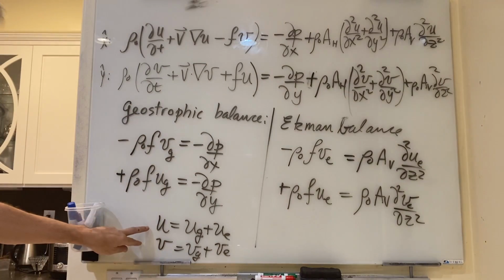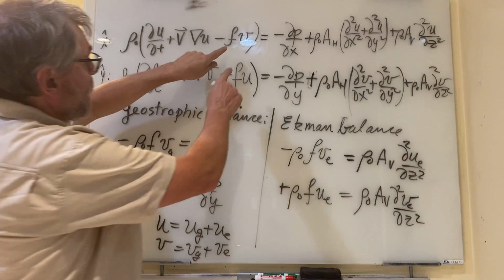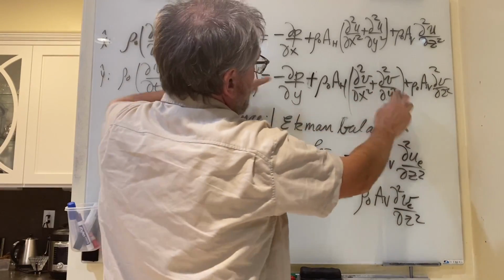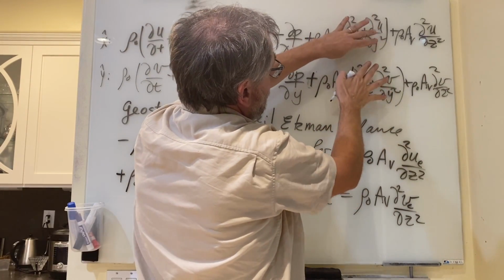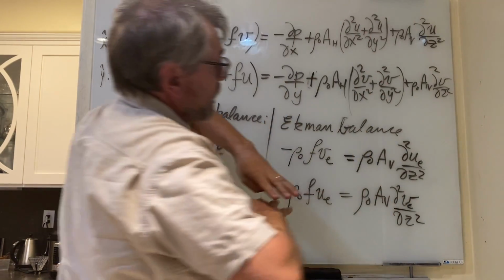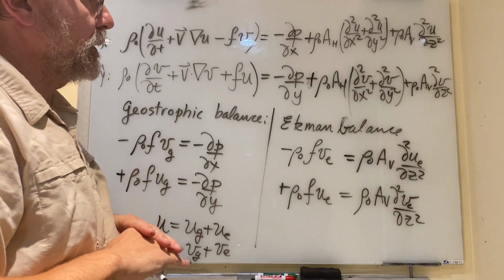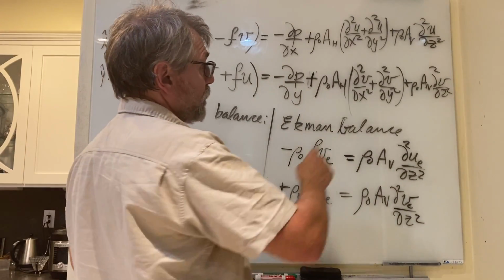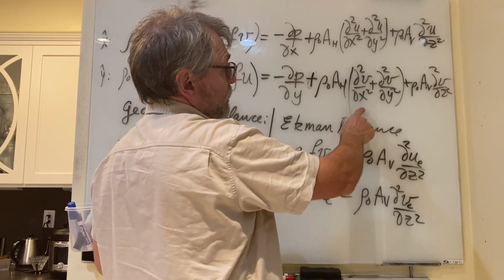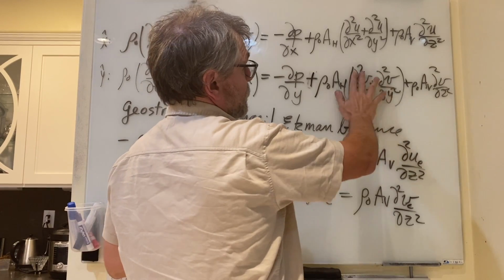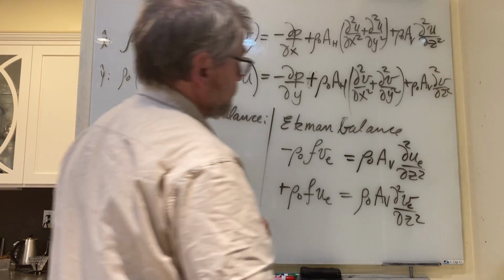So if I substitute in here, then I balance off this term, and this term, this term, this term, and this term. I've neglected these horizontal diffusive terms. So the idea is that we're on scales that are large but not too large, so that these horizontal gradients are negligible. So these d by dx squared and d by dy squared are small compared to these vertical ones.